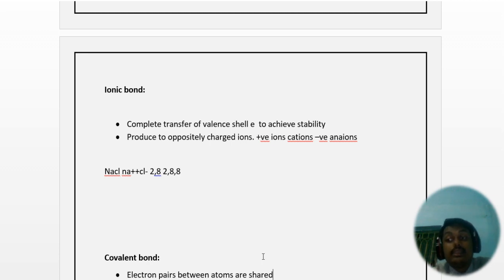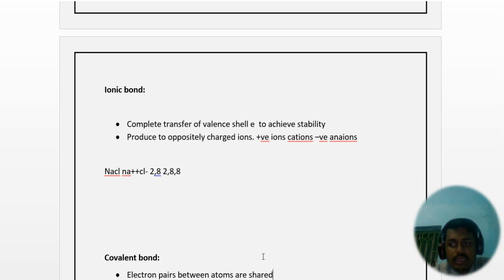We achieve stability by ensuring that the outermost shell of every atom in a molecule has 8 electrons. While doing this process, two charged ions of opposite character, a positive ion and a negative ion, are created. The positive ions are known as cations and negative ions are known as anions.